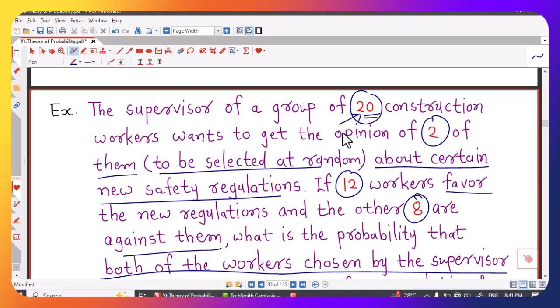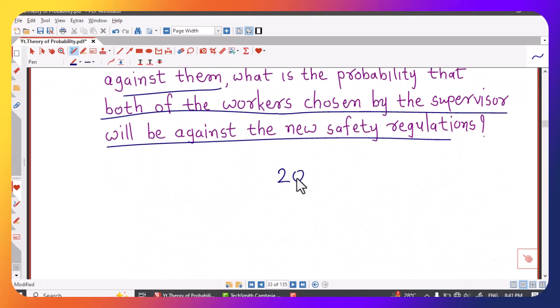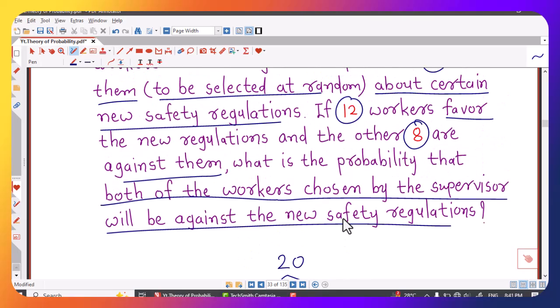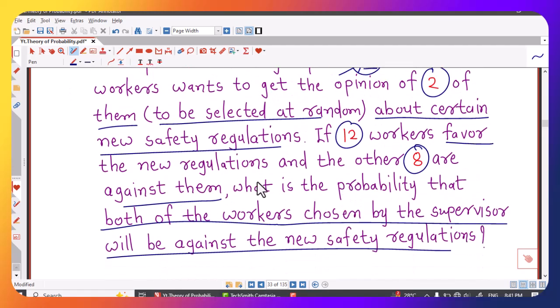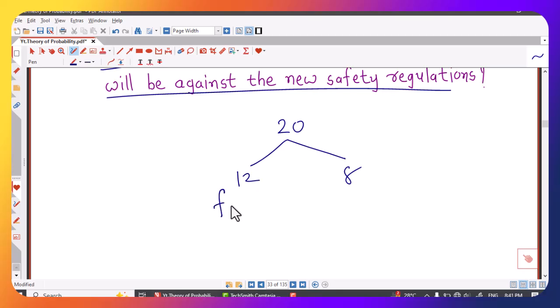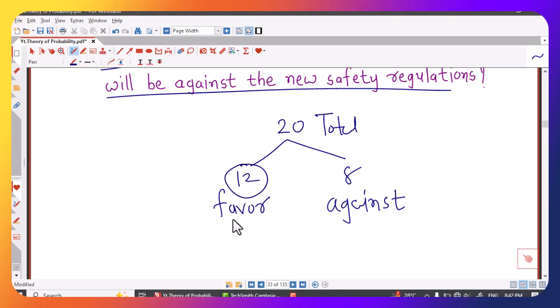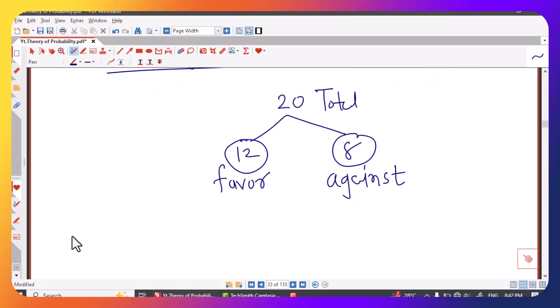Out of 20 workers, 12 favor the new safety regulations and 8 are against the new safety regulations.